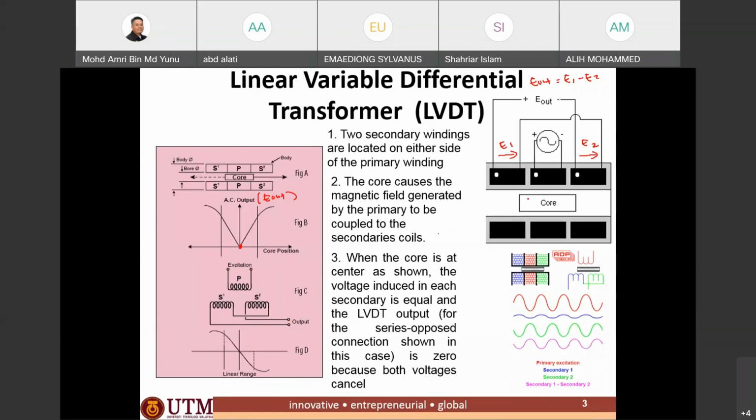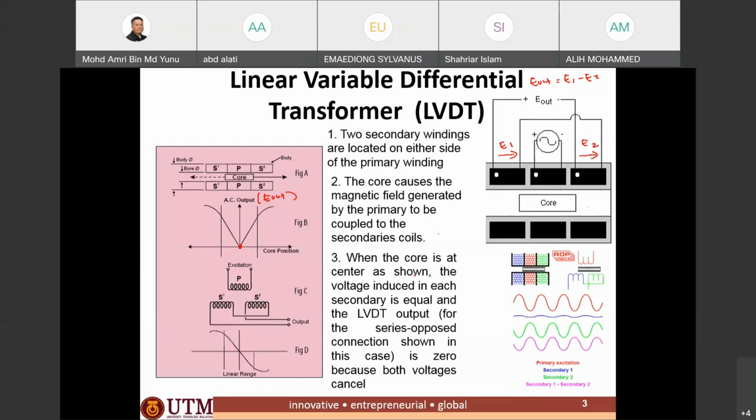When the magnetic field is generated by the primary, the magnetic flux will be coupled to both parts of the secondary windings, and the amount of magnetic flux that couples to the secondary windings will determine the output value.